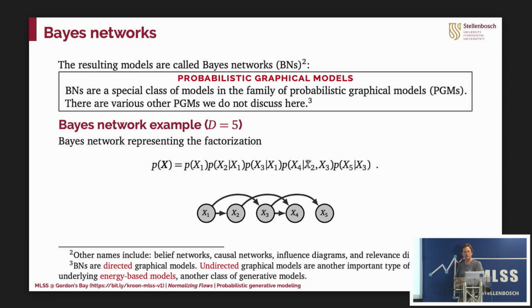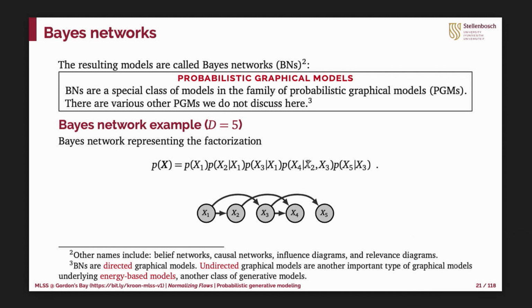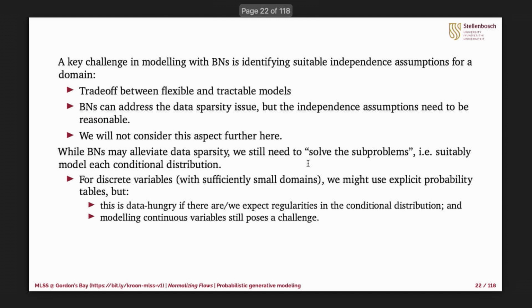So this direction leads us to probabilistic graphical models, and the models we're specifically looking at are called Bayes networks, which have a variety of other names. But a key challenge with these models is identifying suitable independence assumptions. And there's a trade-off. The more independence you assume, the less flexible your model becomes, but the easier it becomes to learn, and the less data you need.